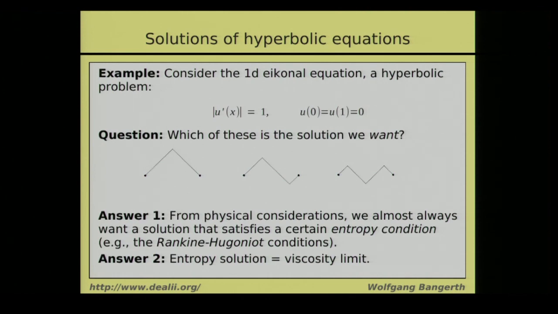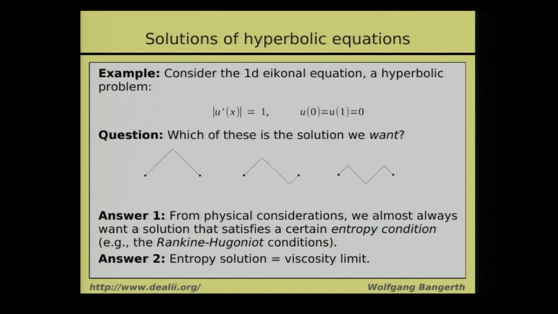And one of the things that I can show, maybe not I, but some people can show, is that the entropy solution, the single one that satisfies the entropy condition, is also something that I can derive as the viscosity limit.